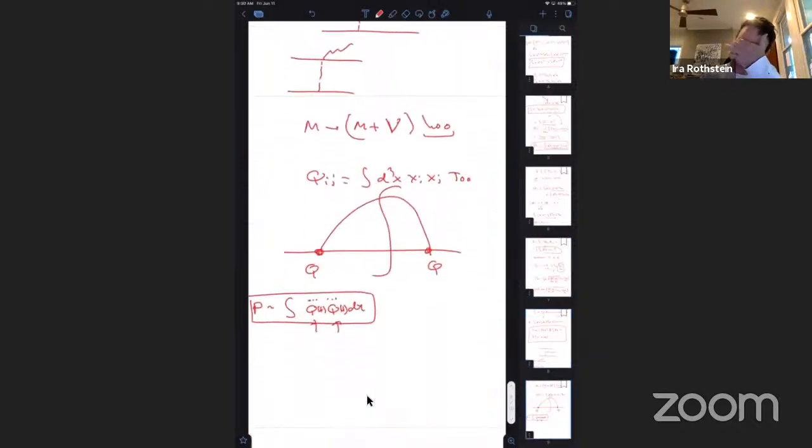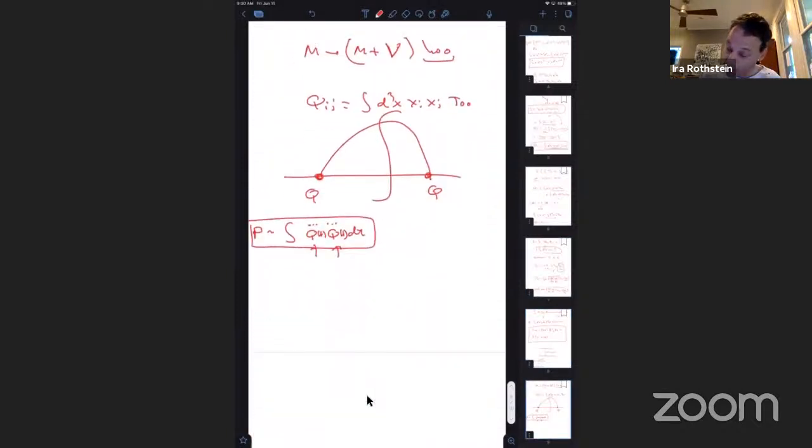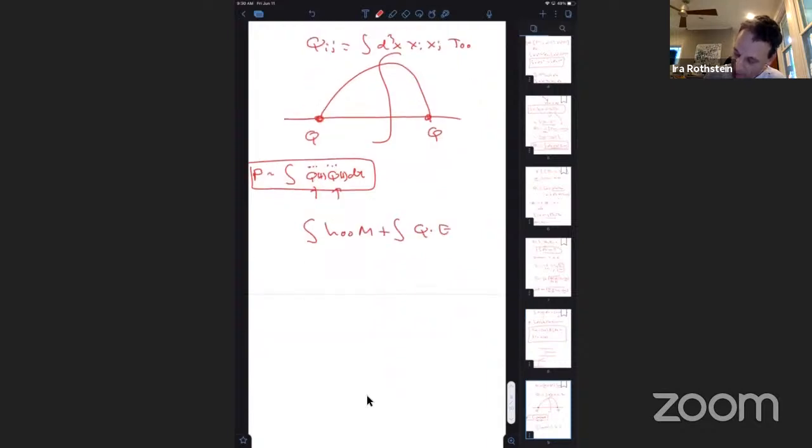Now, something interesting happens when you go to higher orders, because remember we said that H00 couples to the mass, and then it couples to Q dot E. And so now if I want to calculate to higher orders, I need to include terms that look like this. So this is a mass insertion, and it couples to H00.